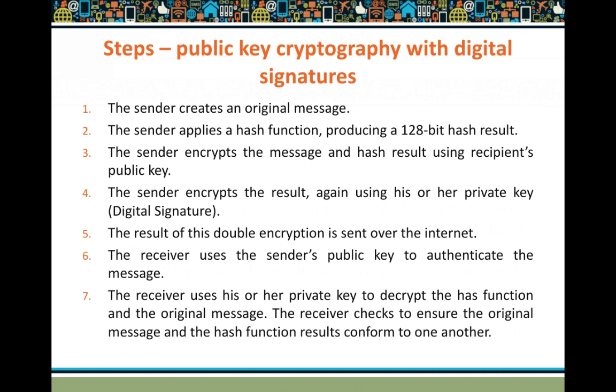Initially, to verify whether the message is from a valid source, the recipient uses the source's public key first, and then uses his own private key as well as the hash code to get back the original message. The receiver checks to ensure the original message and hash function results conform to one another, to see whether the original message is correct and whether the decryption was proper.